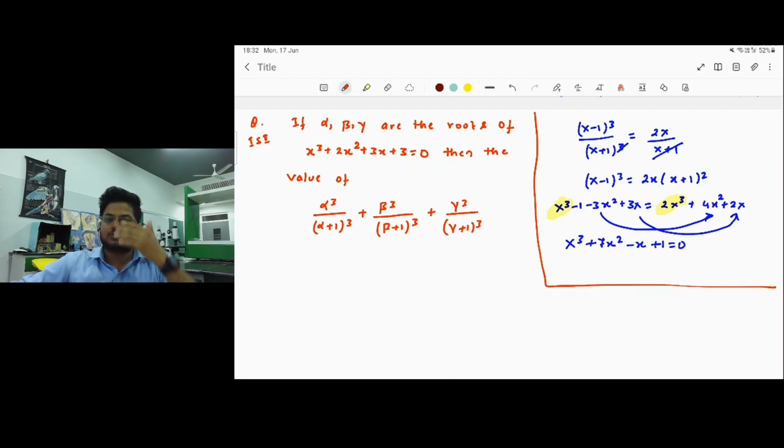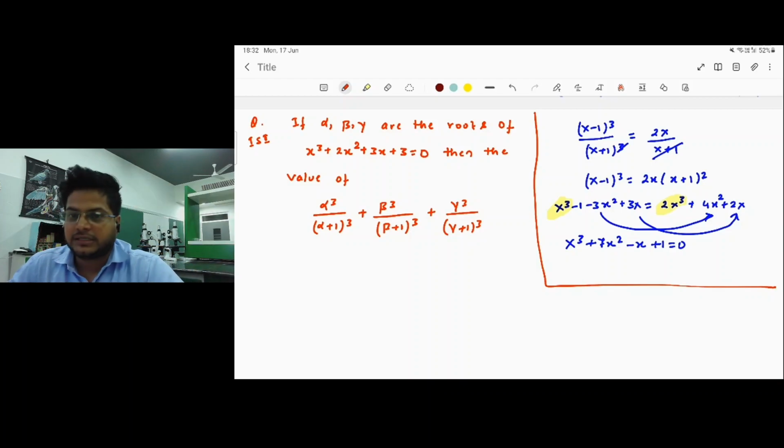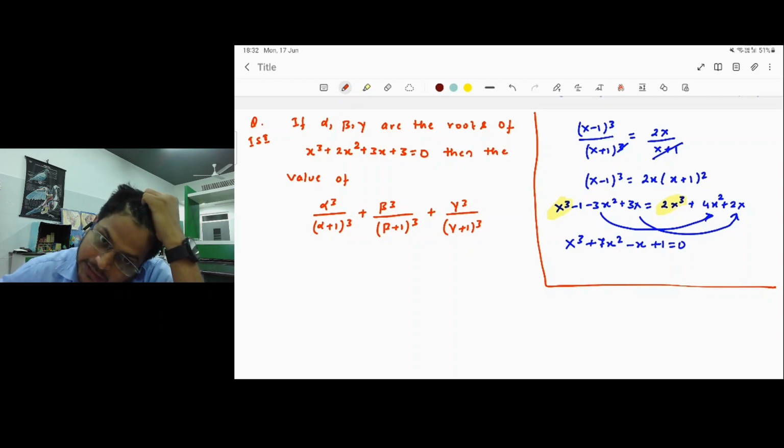Okay, so I hope the question is clear, at least that alpha, beta, gamma are the roots of this, and they're asking this sum: alpha cube by (alpha plus 1) whole cube, beta cube by (beta plus 1) whole cube, gamma cube by (gamma plus 1) whole cube.